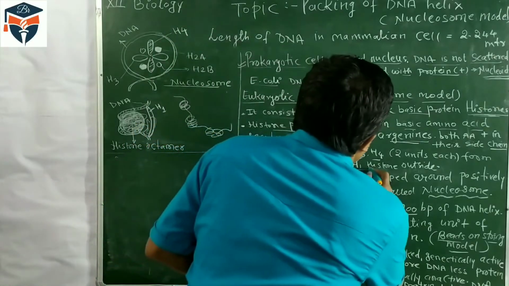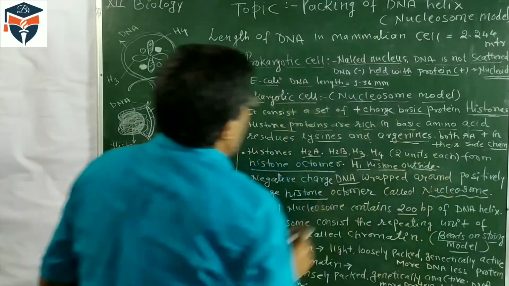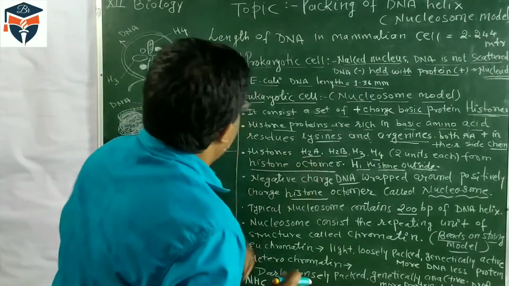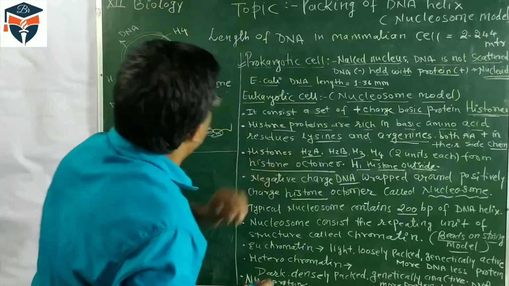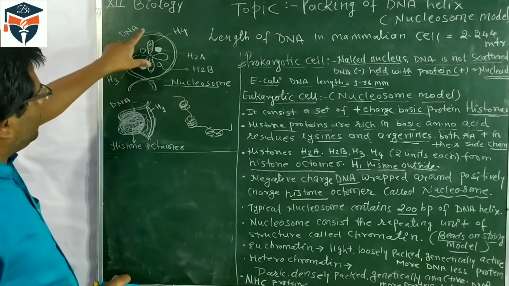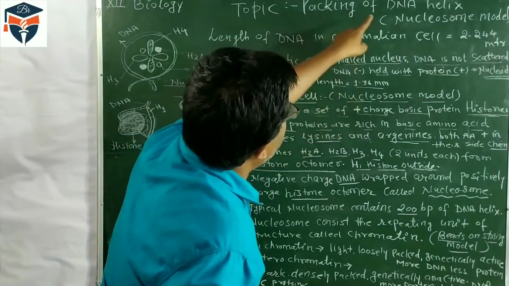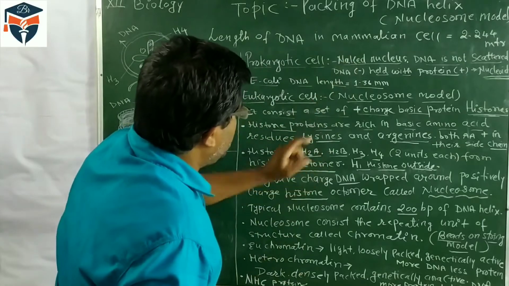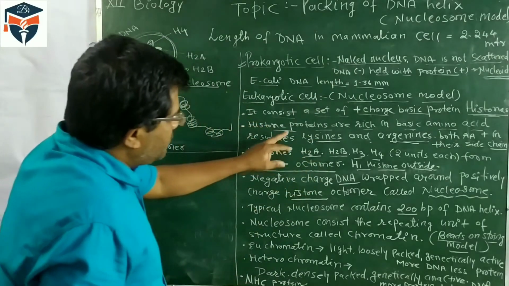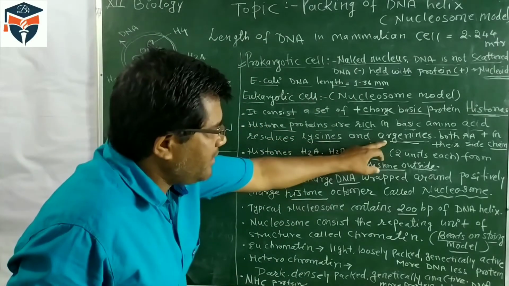H1 histone occurs outside. So look here now, at the histone proteins in the diagram. While forming the nucleosome or packing of DNA, histone proteins are involved, and these histone proteins are rich in lysine and arginine.